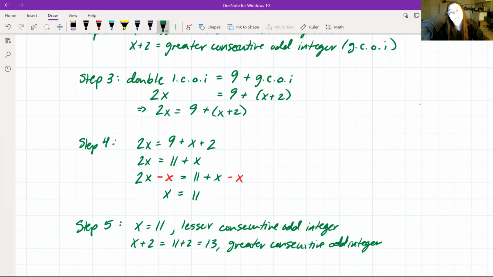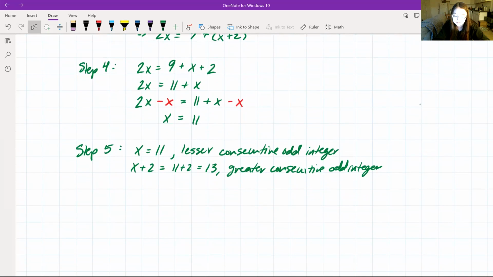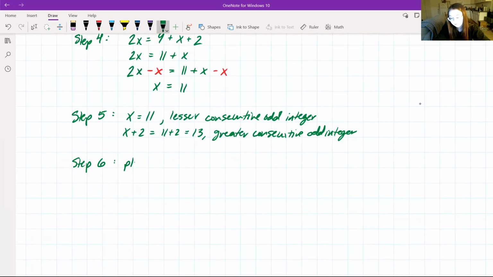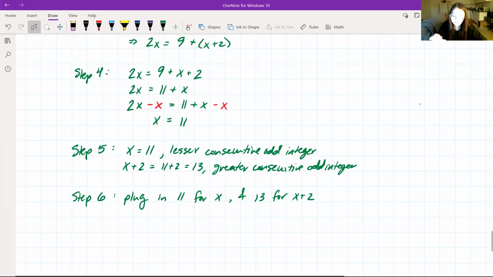But of course, we need to check. So step 6, we're going to plug in 11 for x and 13 for x plus 2. And our equation was 2 times x, so 2 times 11, is equal to 9 plus x plus 2, which is 13.